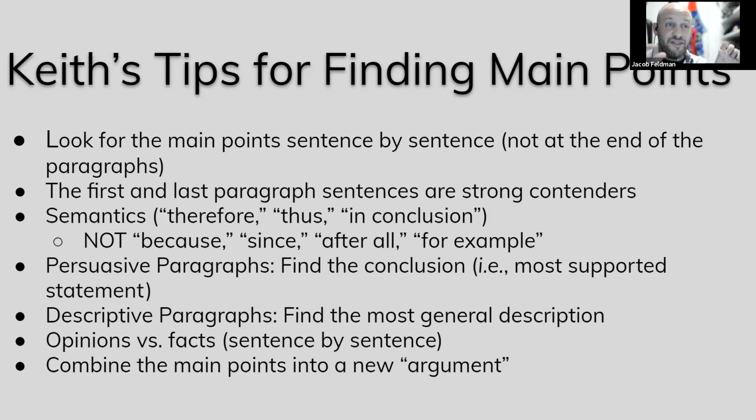And if the thesis isn't there at the end of the first paragraph, it's going to be the first sentence of the second paragraph for sure. So you can almost say, the first paragraph really just serves as context for the rest. The point of the first paragraph is not one thing. The point of the first paragraph is context for the thesis.